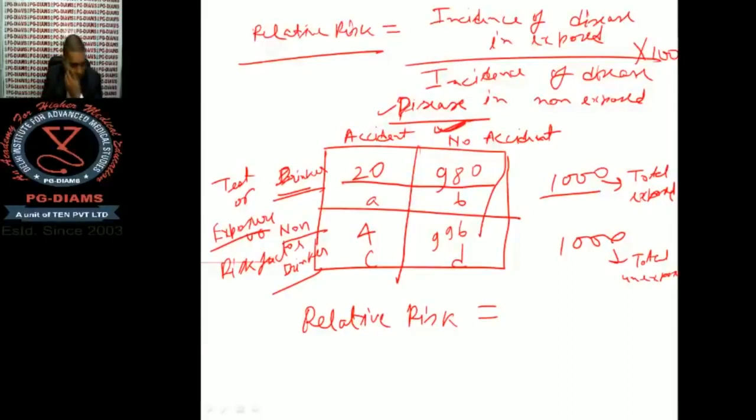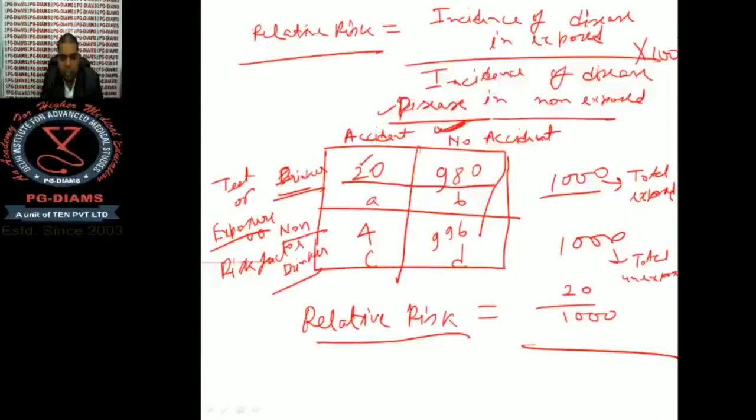So relative risk is incidence of disease in exposed. Exposed was 1000 and incidence of disease in exposed was 20. Only 20 accidents happened in exposed, so incidence of disease was 20. And in the denominator, incidence of disease in non-exposed. Non-exposed was again 1000 in total, but out of 1000 how many developed accident among non-drinkers? Only 4. So this will be relative risk.